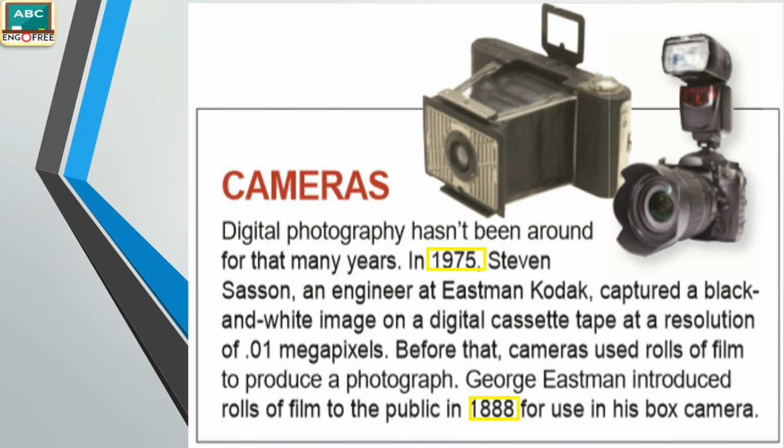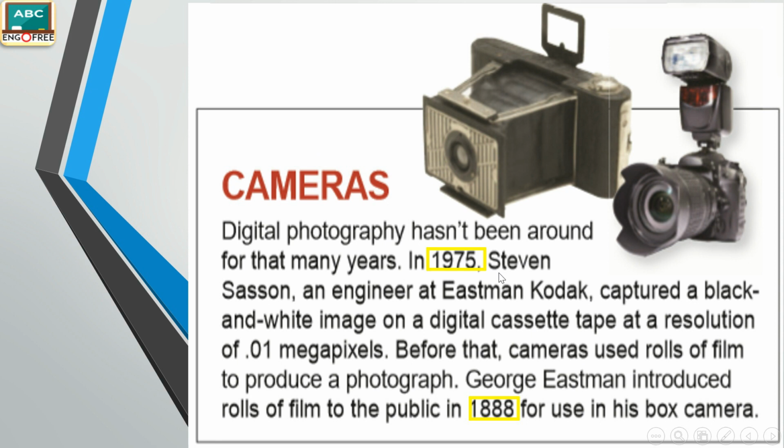Go to the third picture. What can you see here? Yes, we can see an old camera and a digital camera. Let's read. Cameras. Digital photography hasn't been around for that many years.